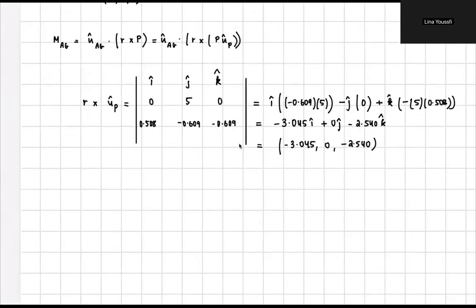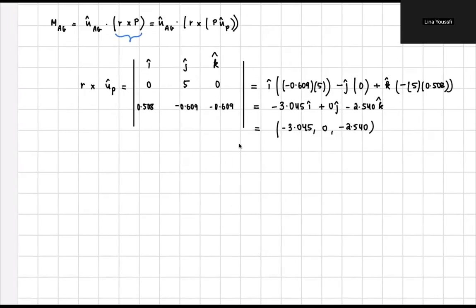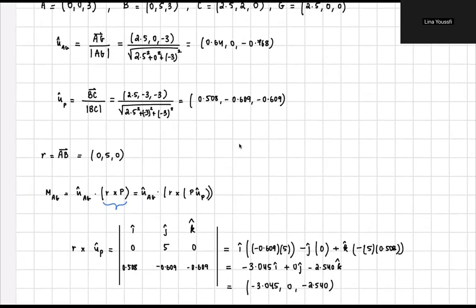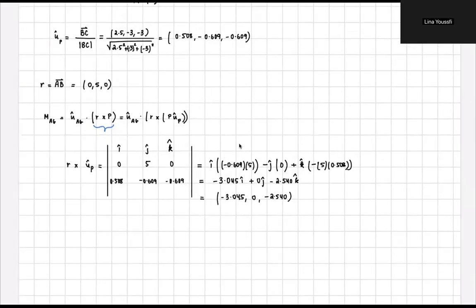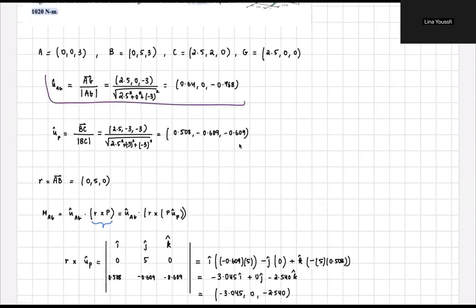Okay, so we're still not done yet because that was just doing this part, the cross product. So now we want to do the dot product with this. So I'm going to go ahead and just copy this.